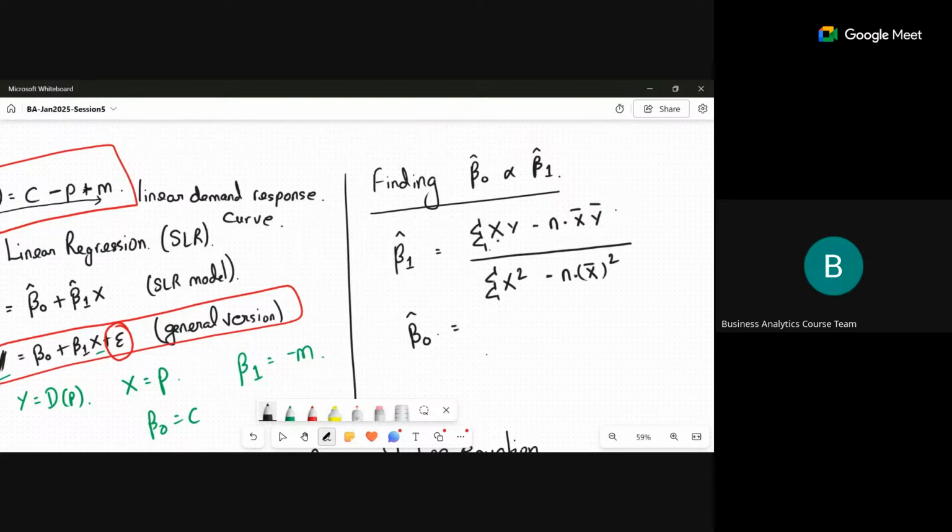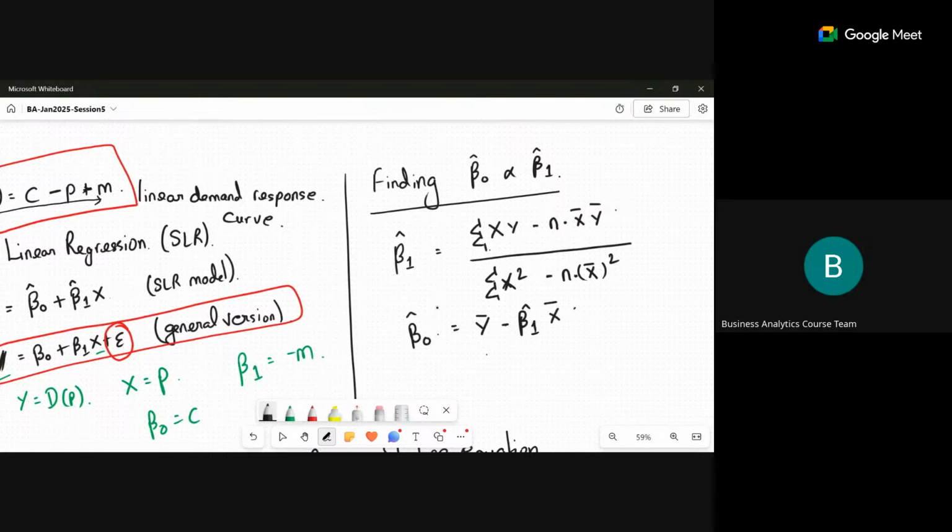So that is going to be your beta 1, and beta 0 is y bar minus beta 1 into x bar.